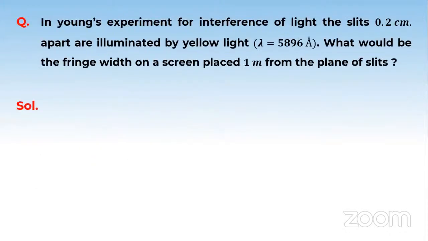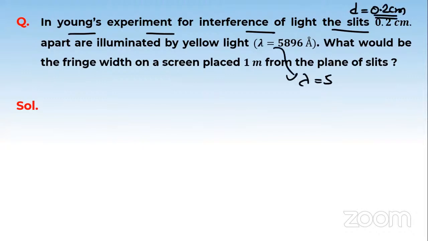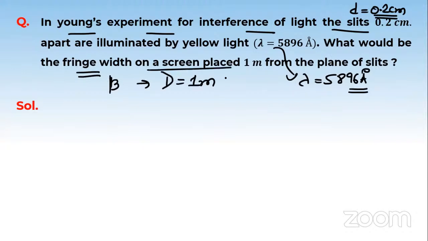Next is this. In this experiment, the slits are 0.2 centimeter apart, and the wavelength is 5896 Angstrom. What will be the fringe width if the screen is placed at D equals 1 meter?